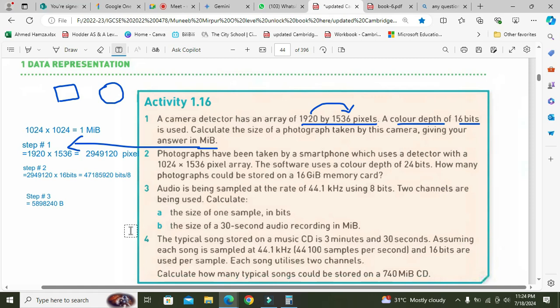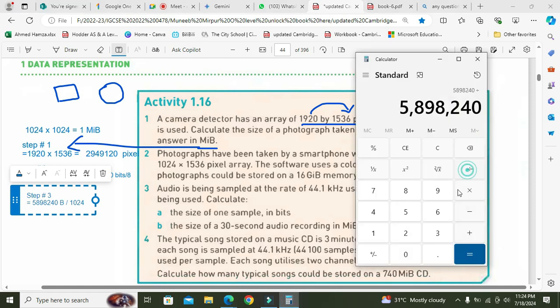Now after that we need to convert this into KB, divided by 1024. What's the answer? 5760. We divide this to convert into KB. We get 5760, and then divide by 1024 again to convert into MB.